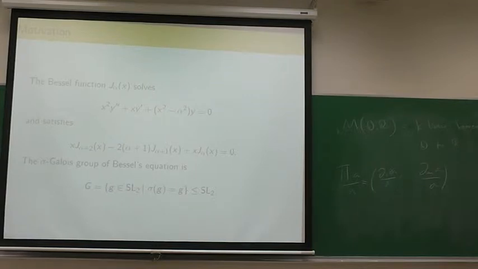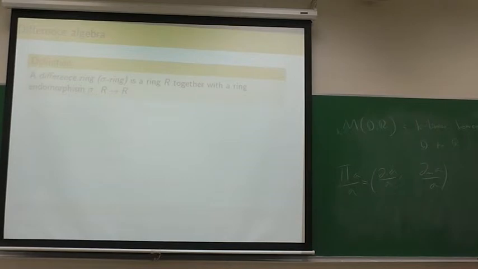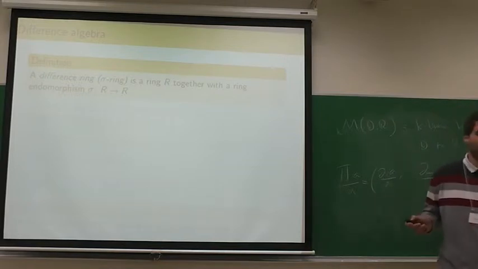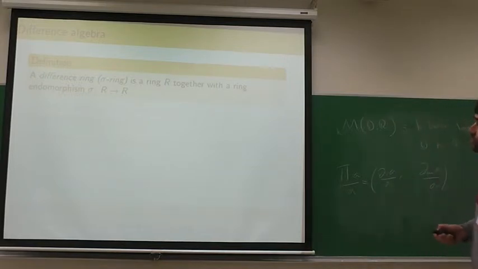Okay, but to properly explain what a difference algebraic group is, I will first recall the basic definitions from difference algebra. A difference ring is a ring, and all rings are commutative here, together with a ring endomorphism, which is usually called sigma, and we do not assume that sigma is injective or surjective.